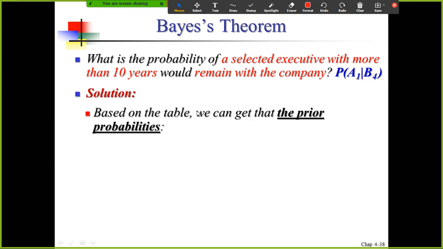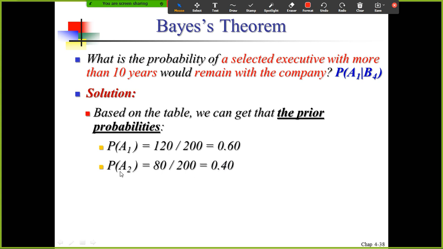Solution. Based on the table, we can find the posterior, the first probability. Probability A, based on the table: among 200 executives, 120 say yes, remain with the company. That's why the probability of an executive remaining with the company is 0.6 or 60%.